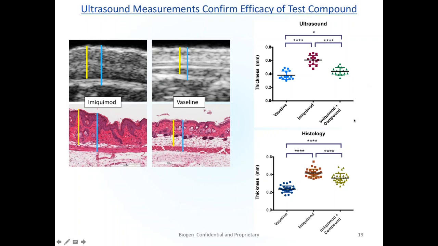So it's hard to know which of these stories is more correct, but it's possible that the ultrasound story, by looking at the live tissues in real time, was able to more sensitively show that this is almost complete restoration to baseline, or actually a prevention of this thickening that happens in the course of this model.